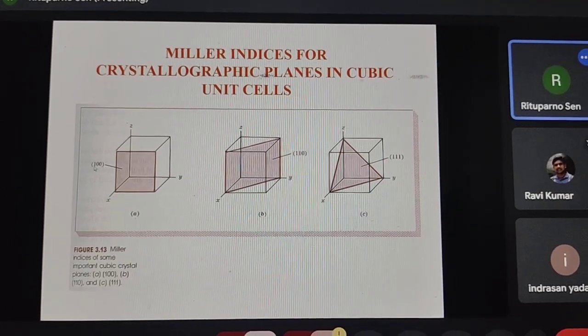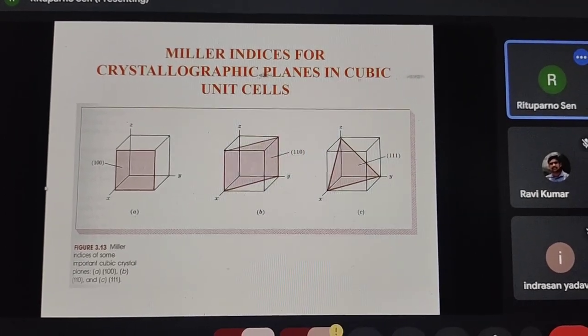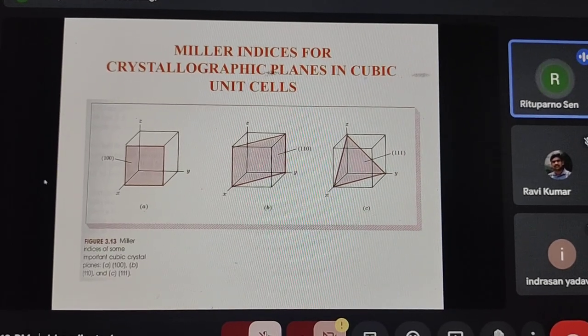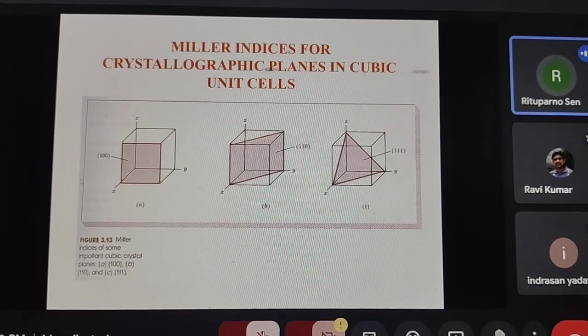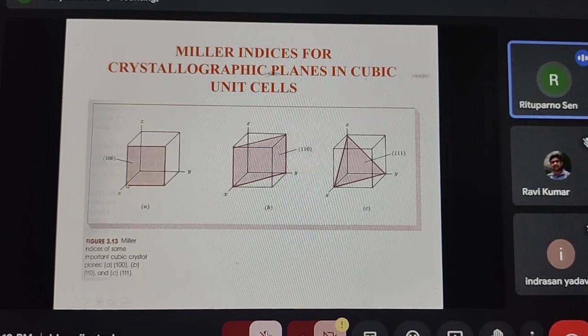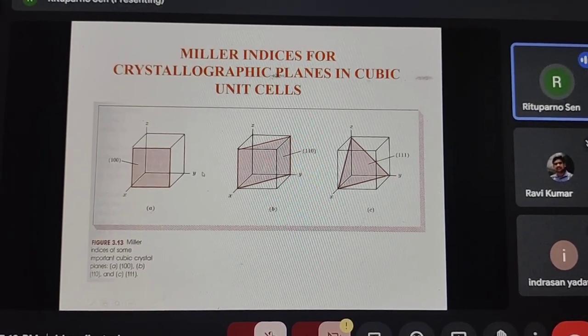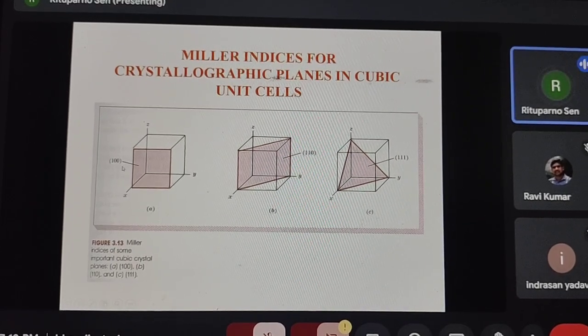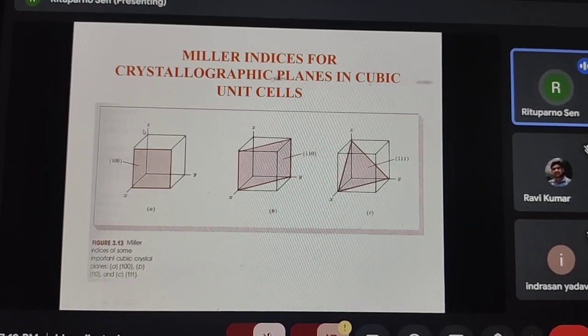That means 1 by 1, 0 by 0, and then 0 by 0. What does it mean? The intercept along the x-axis is 1, the intercept along the y-axis is infinity, and the intercept along the z-axis is also infinity.